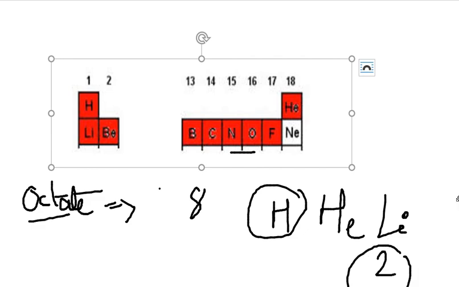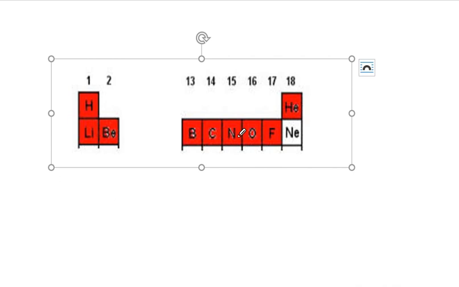Okay, now let us discuss the octet rule with examples. If I consider some elements, let's say fluorine. Fluorine has 7 electrons in the last shell.